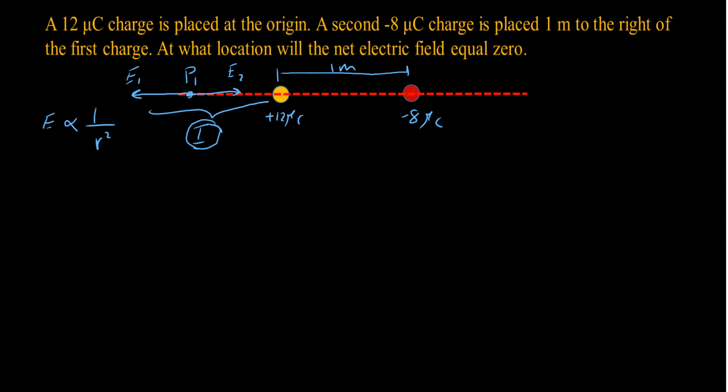So the net electric field in region 1 will always be going to the left, and region 1 is out of the picture.